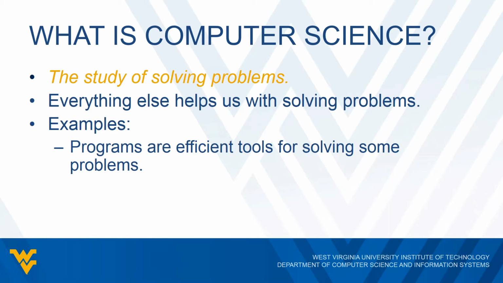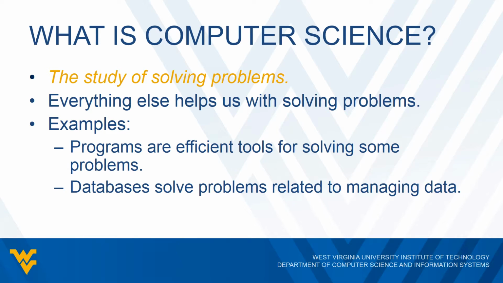Let me give you a couple of examples to clarify this. We write programs, but these programs are tools for solving some type of problem. You need to write a report? There is a program like Microsoft Word, or Notepad, or some other text editor that allows you to write reports. Do you need to keep track of data? We can use databases or spreadsheets to solve problems that relate to managing data. What if we need to connect with other programs or other people?